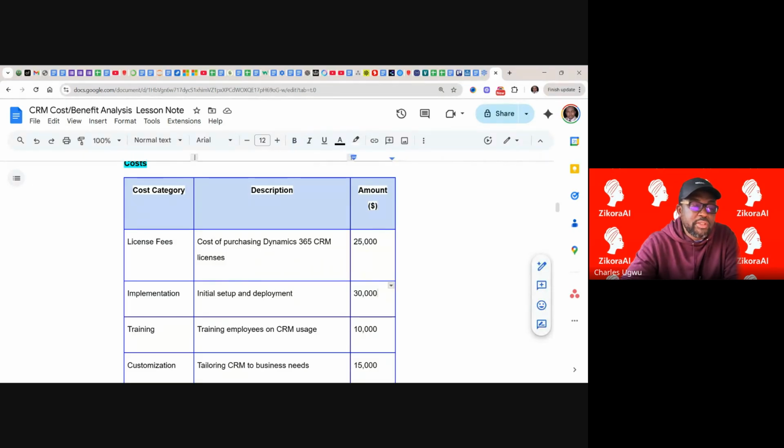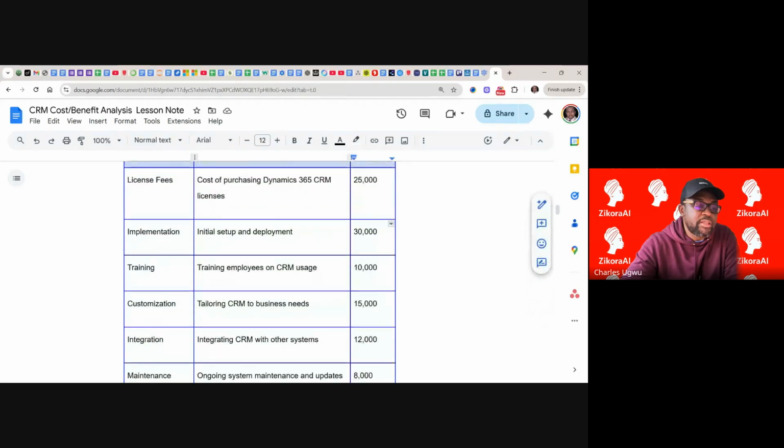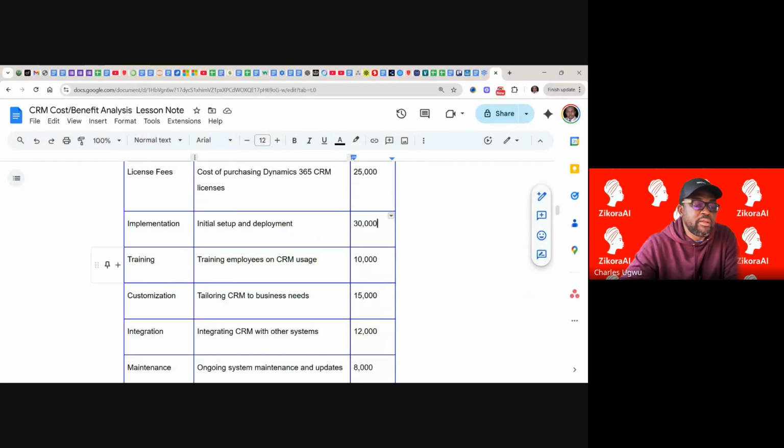Then implementation, initial setup and deployment, is costing $30,000, and then training to train the employees costs $10,000. Customization, tailoring the CRM to business needs, because you need to optimize it. It's white label. When you get it, you continue to optimize.